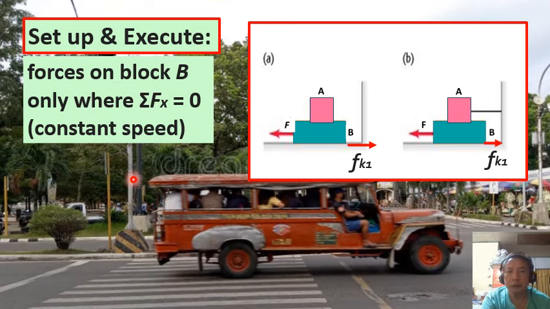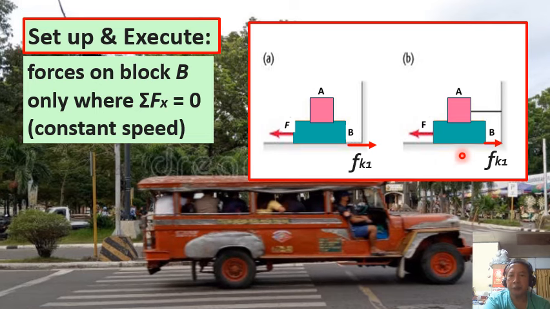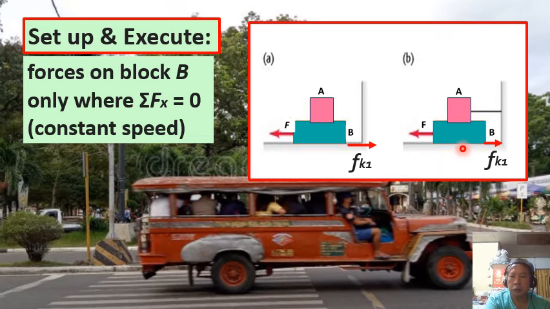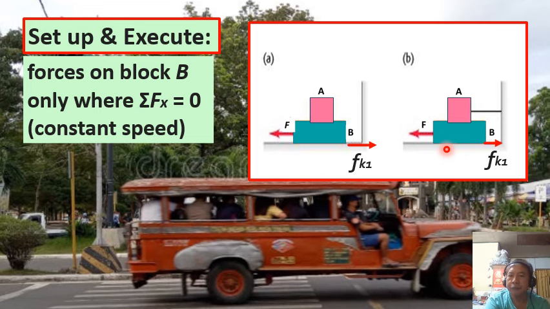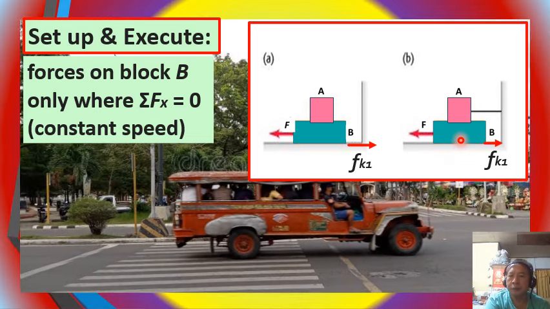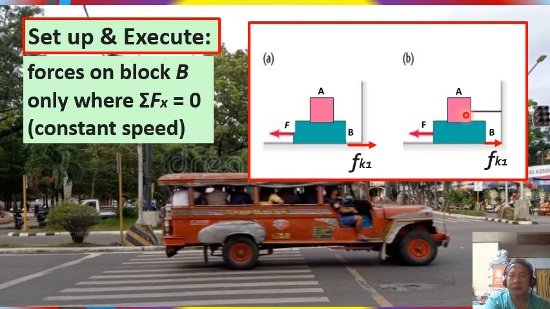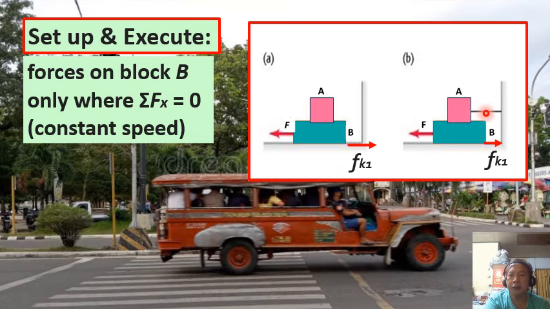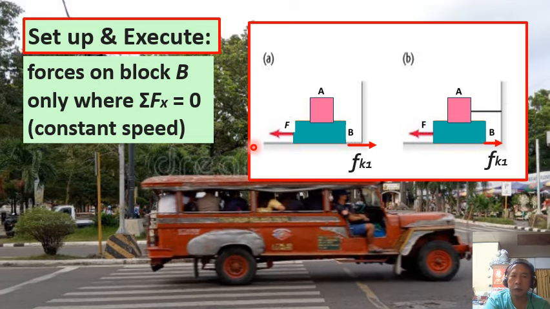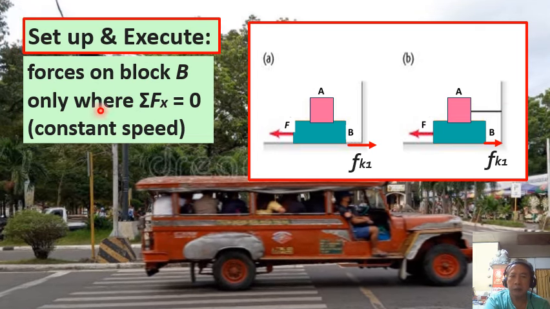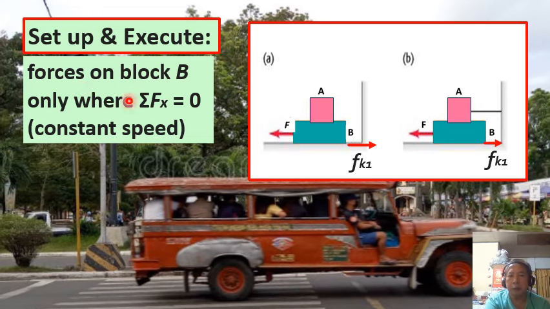Moving on to question letter B. We're looking for the force necessary for block B to be moving at constant speed, but this time, block A will stay at rest because it is being held by the rope attached to the wall. So this time, we consider the forces on block B only.